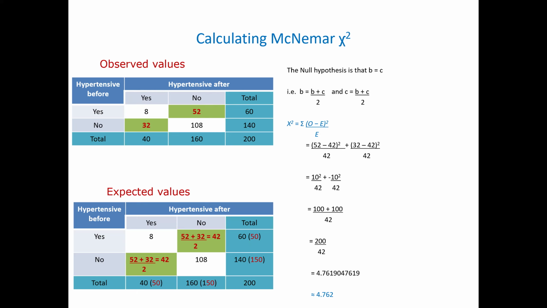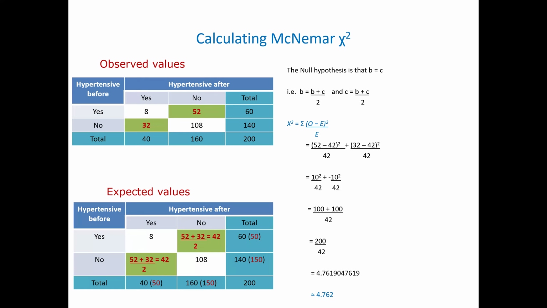For instance, now, the discordant: 52 and 32. If the null hypothesis is true, that there's no change, the intervention did not do anything.